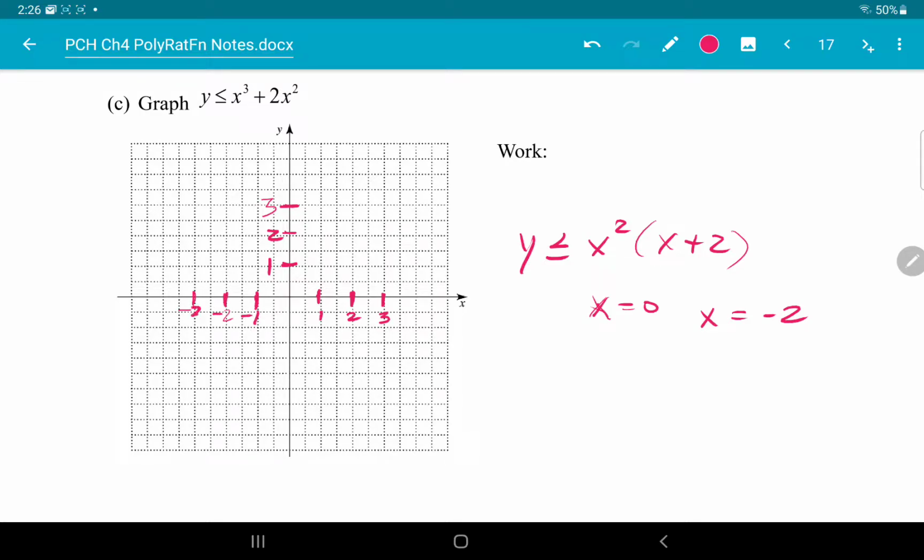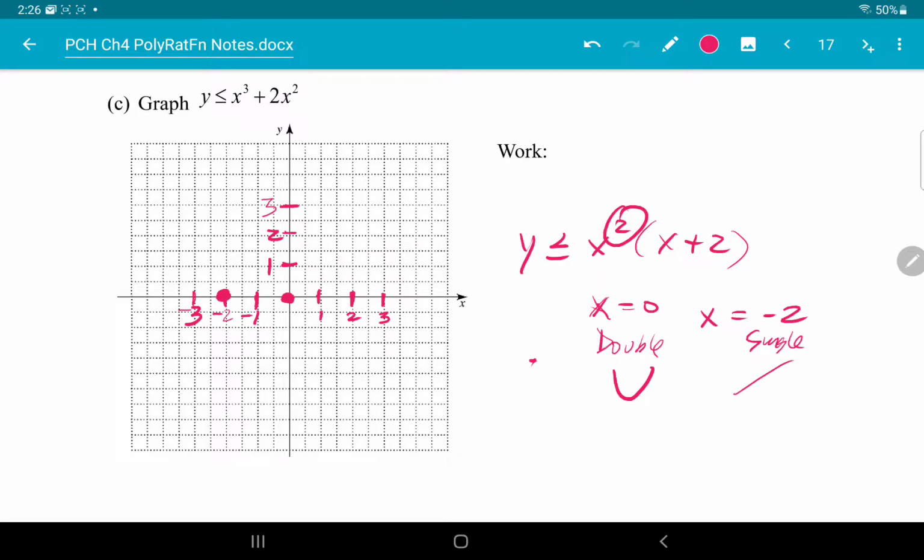And with two variables, we have intercepts at 0, 0. Oh, sorry, wrong one. 0, 0. And also at negative 2, 0. Zero is a double root. It bounces. Negative 2 is a single root that just goes through.